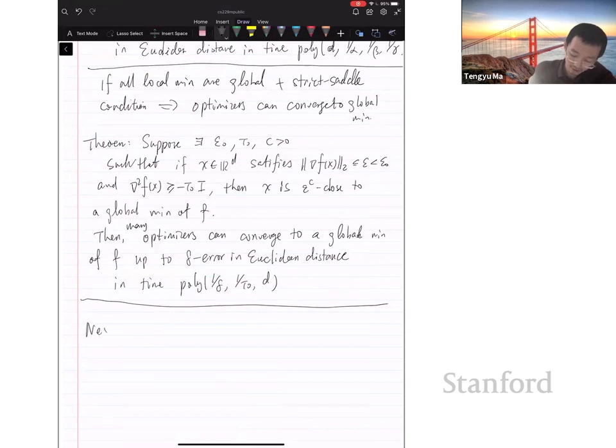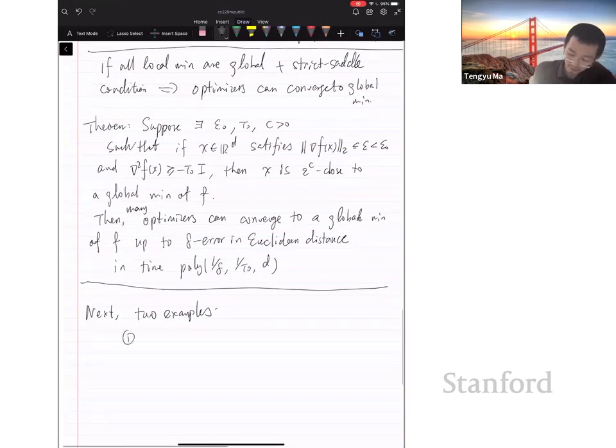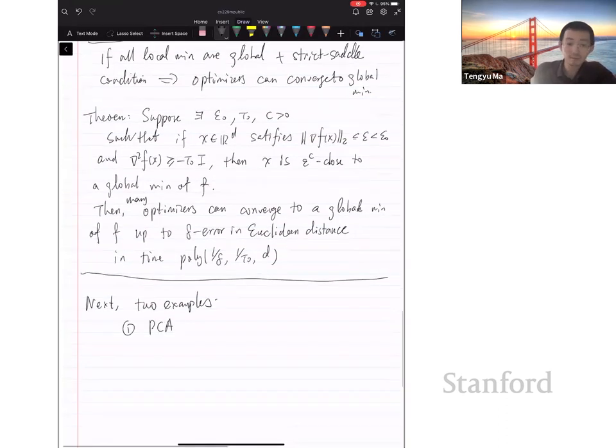Okay, so next we have two examples. The first one is PCA or matrix factorization. Fundamentally, this is more or less the same as the linearized neural network, even though if you do a linearized neural network, there are a little bit more things to do beyond that.